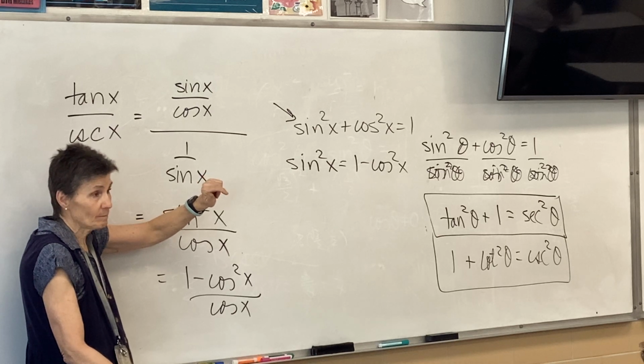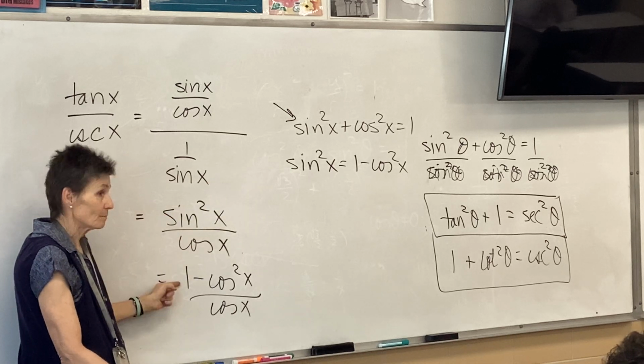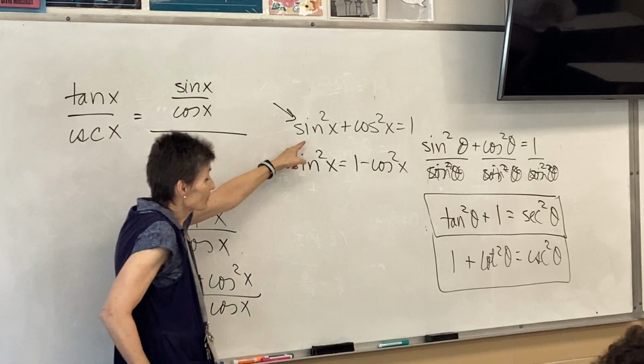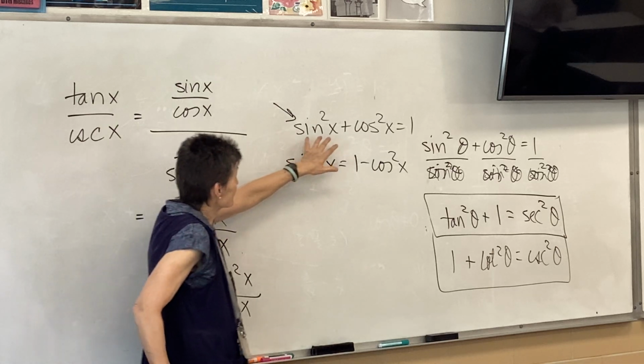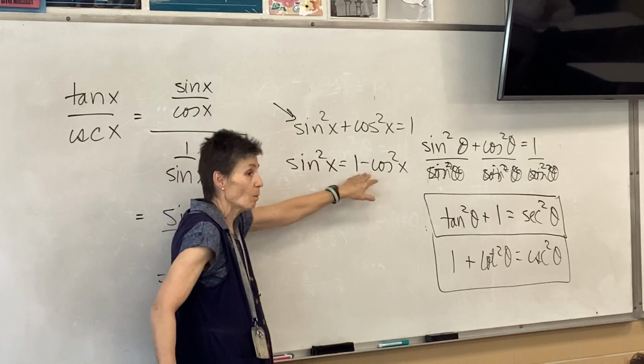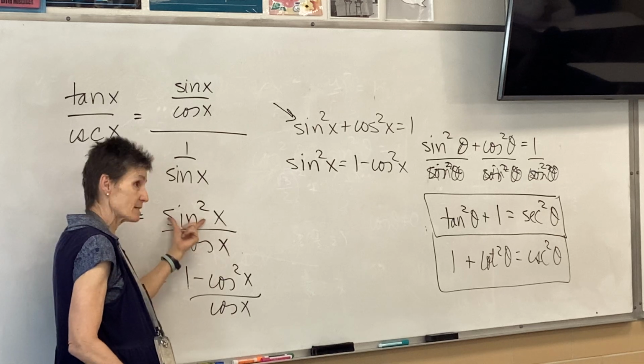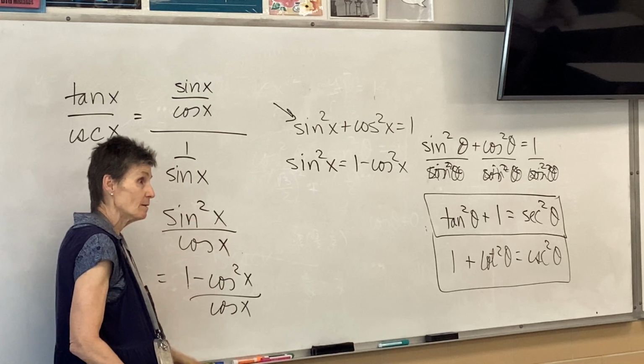Okay. What, Owen? How did I get from where? How'd you get from sine squared x over cosine to there? To here. I know that since sine squared plus cosine squared is 1, sine squared is 1 minus cosine squared. Yeah, alright. So then I substituted out the sine squared and replaced it with that. Okay, I thought you jumped from there to there.